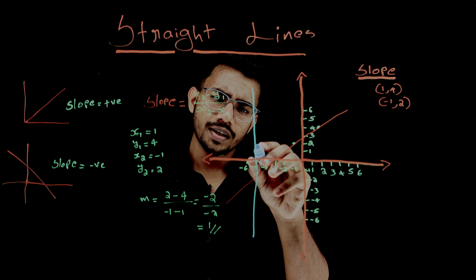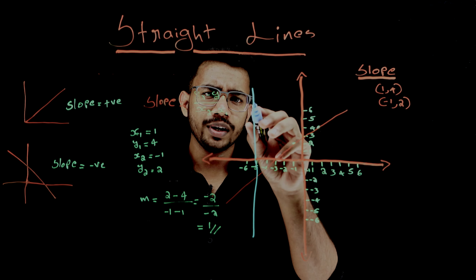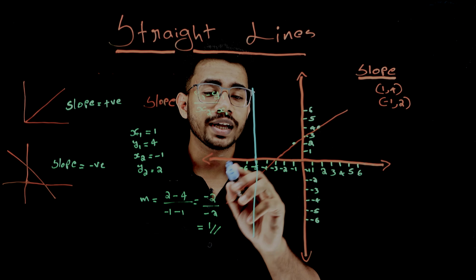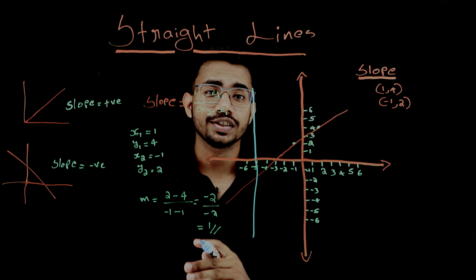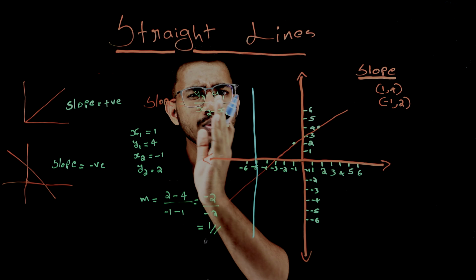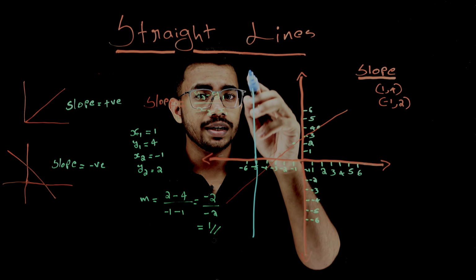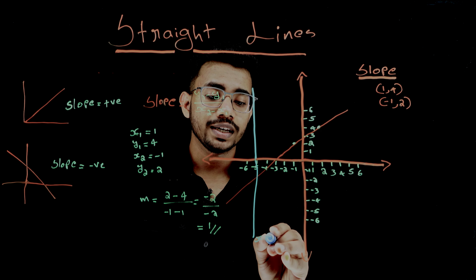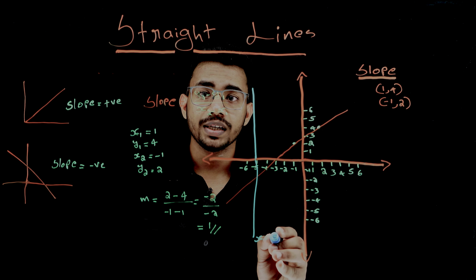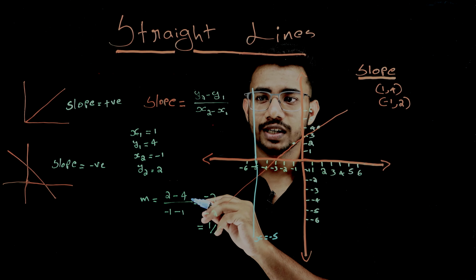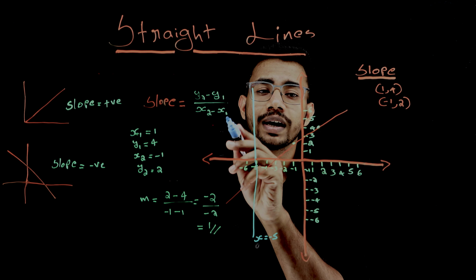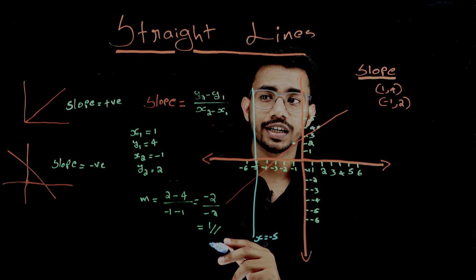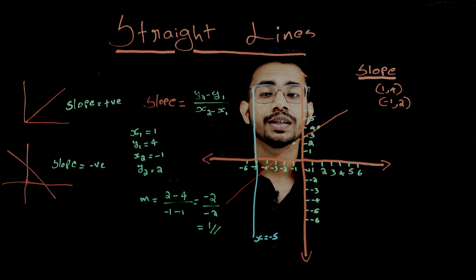Here, whatever point I take, the value of the x coordinate will be how much? That will be -5, because the x is not changing. For the x to change, it has to move to the left or right. But here it is a vertical line, so the value of x is always going to be -5. That means in my equation, in the denominator x2 minus x1, since I'm having the same x1 and x2 as -5, the denominator becomes 0.